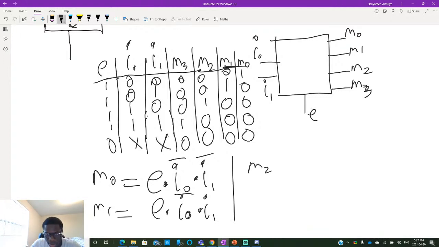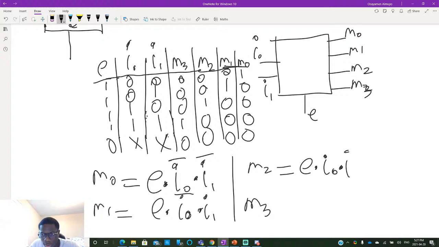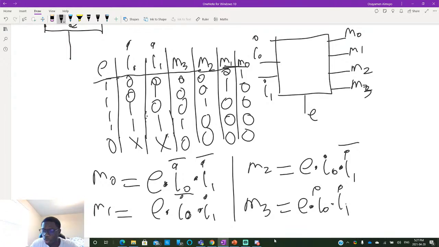And then M2, M3. So M2 would be I0, I1 bar. And M3 would just be the enable and I0 and I1.